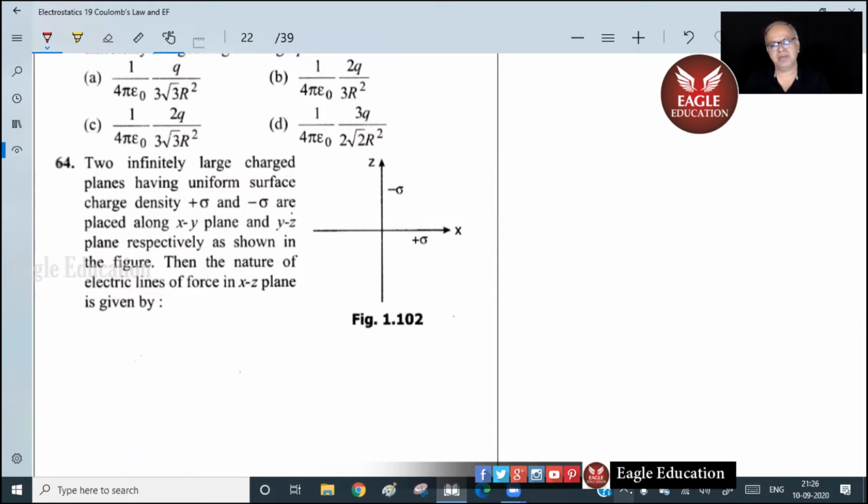Bharat, Rishita, Abhinav, try to talk about this.